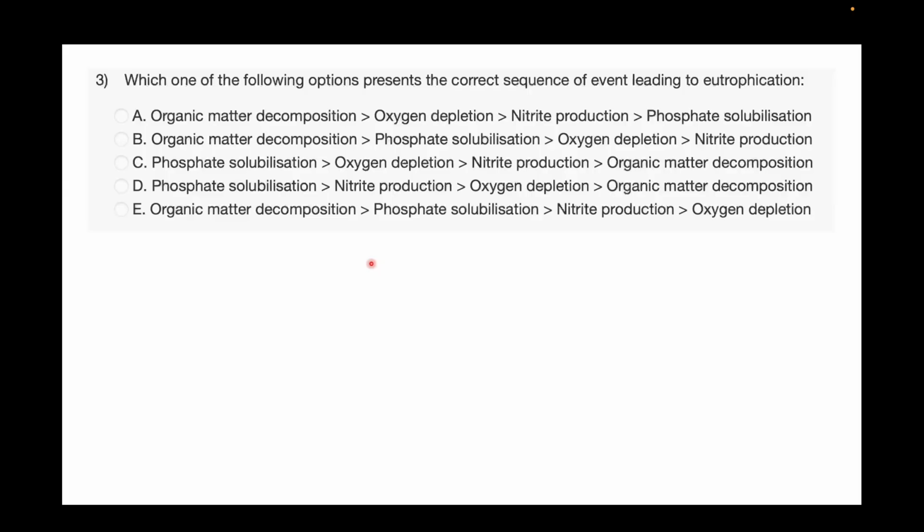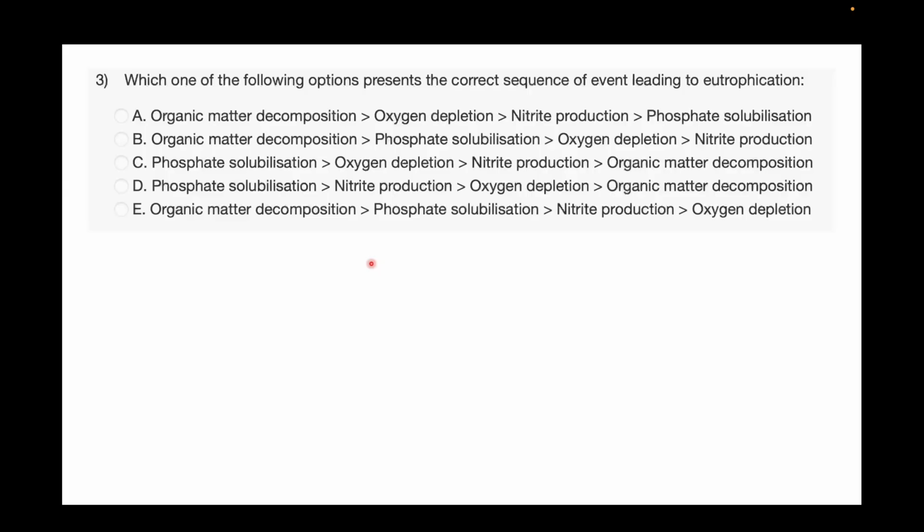Option C, phosphate solubilization, oxygen depletion, nitrite production, organic matter decomposition. Option D, phosphate solubilization, nitrate production, oxygen depletion, and organic matter decomposition. And the last option, organic matter decomposition, phosphate solubilization, nitrite production, and oxygen depletion.